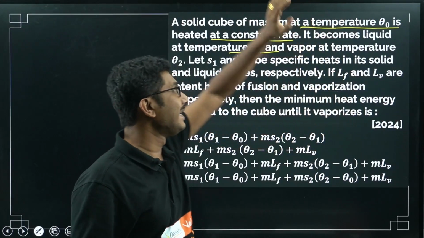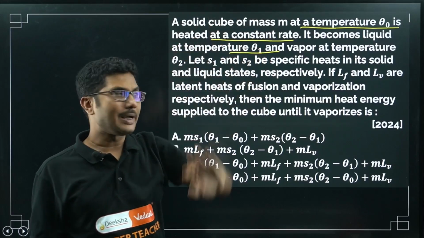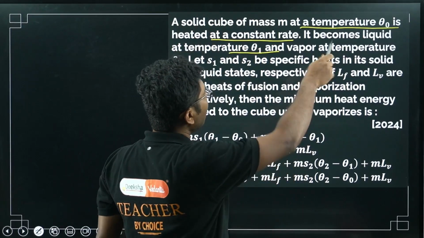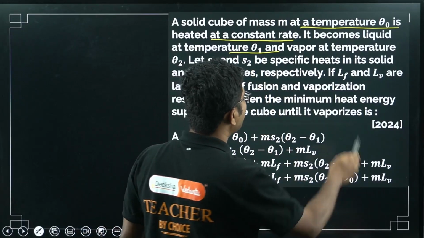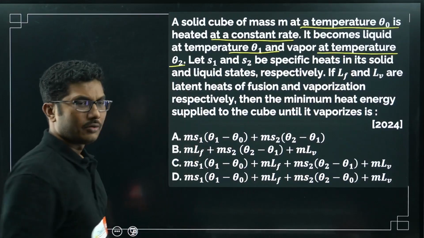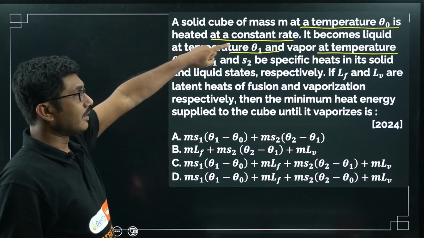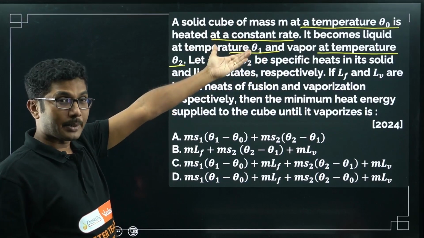You start heating it, then at 0 degrees Celsius it starts melting. So it becomes liquid at a temperature theta 1 and vapor at temperature theta 2. It becomes liquid at theta 1, and it becomes vapor at theta 2.